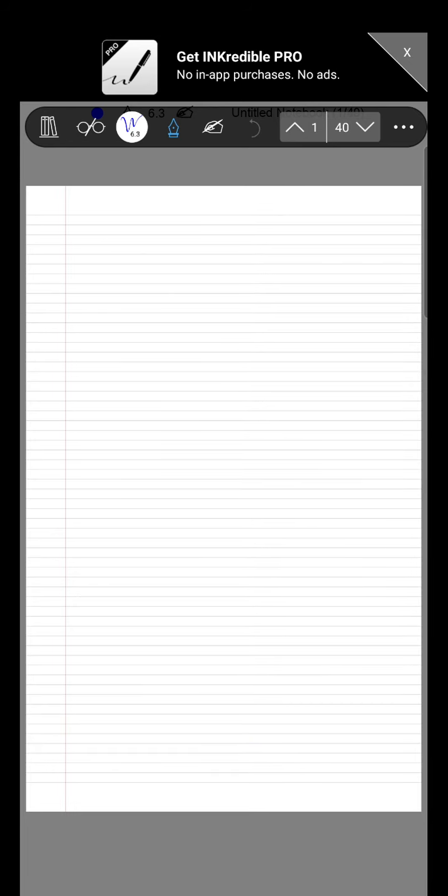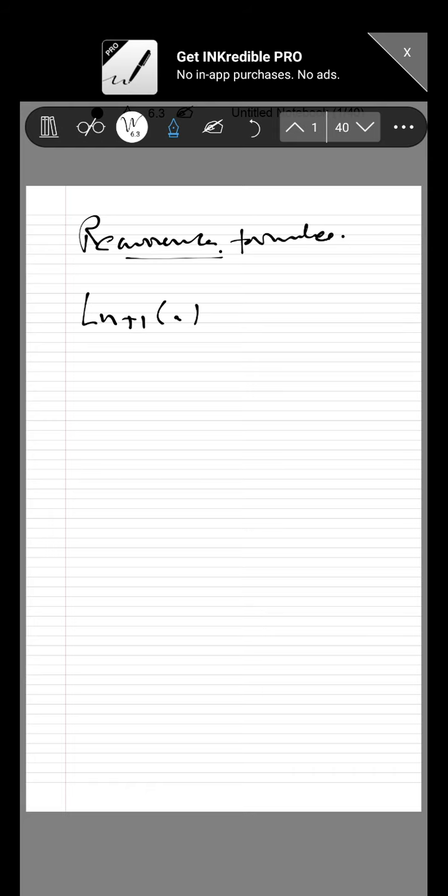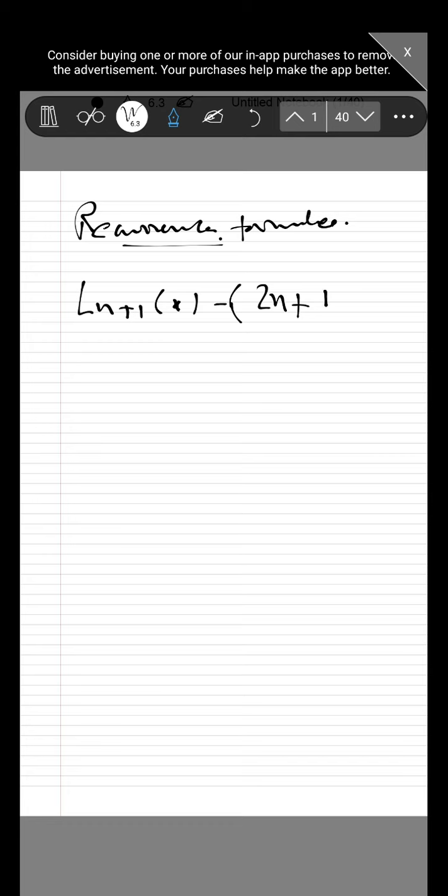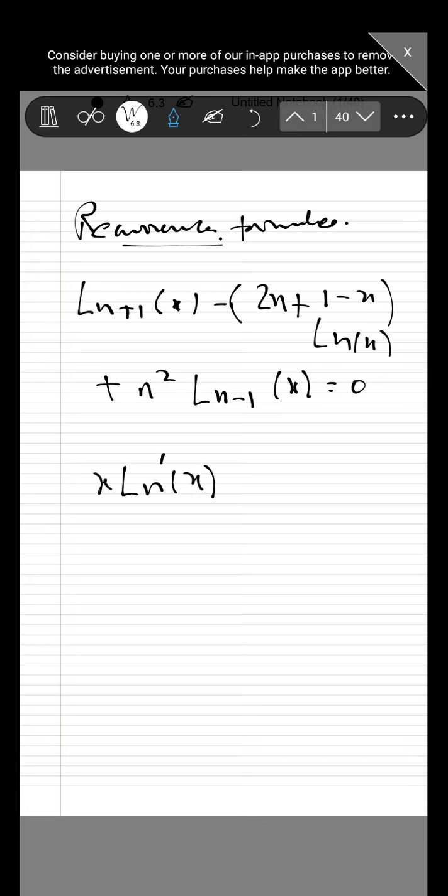The recurrence formulae of Laguerre polynomial are: L_(n+1)(x) minus (2n plus 1 minus x) L_n(x) plus n square L_(n-1)(x) is equal to 0, and x L_n dash (x) is equal to n L_n(x) minus n square L_(n-1)(x).